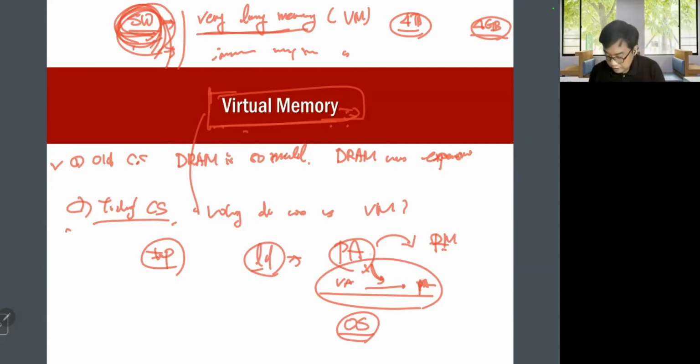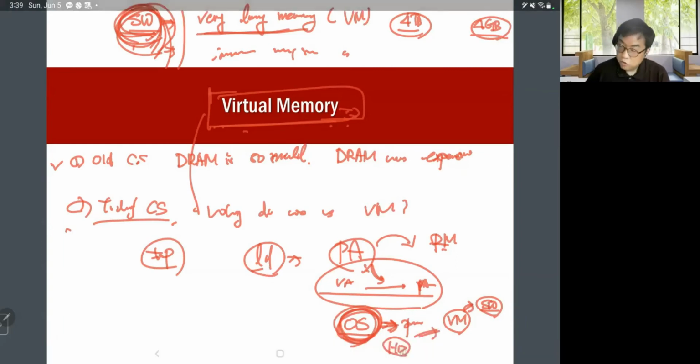Also, the operating system manages the resources in computer hardware, which means the operating system knows the current running environment, the current hardware resources and the current software running situations in the target computer system. So the operating system provides the virtual memory space to the software, and the hardware supports the virtual memory operations.